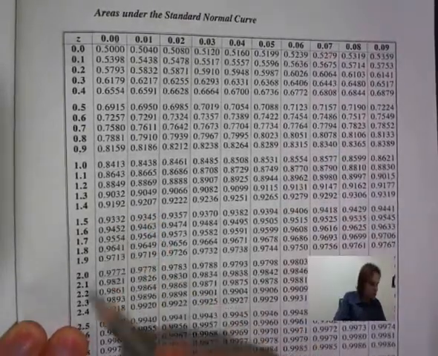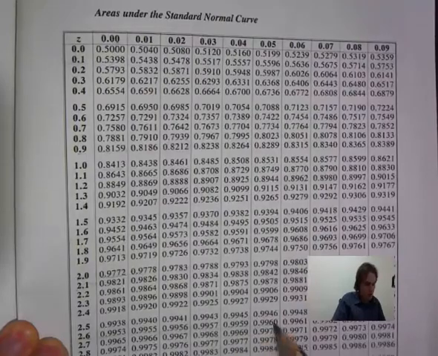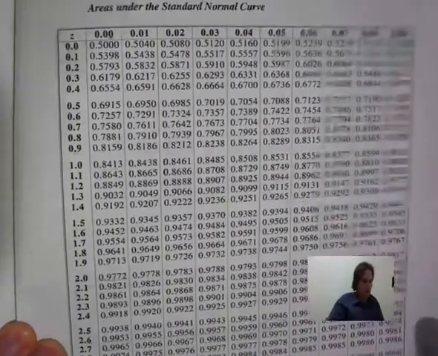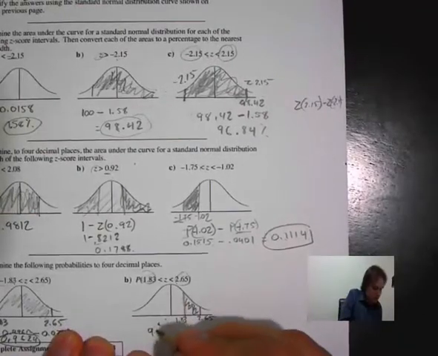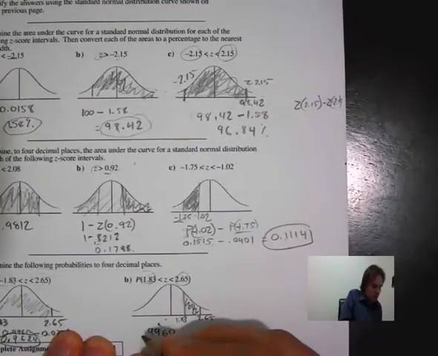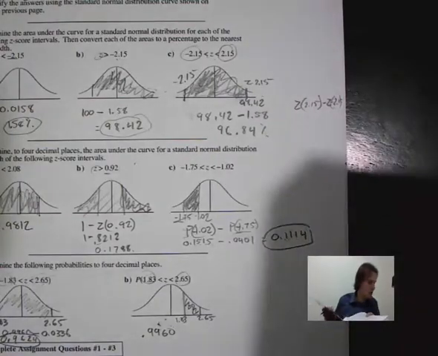So we go 2.6 and all the way over to 5 is 0.9960. We found that out actually before.